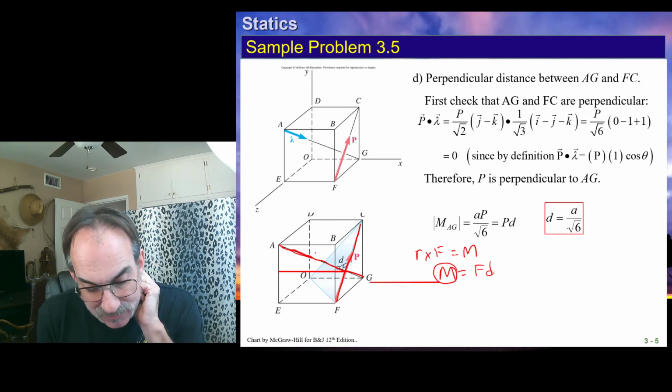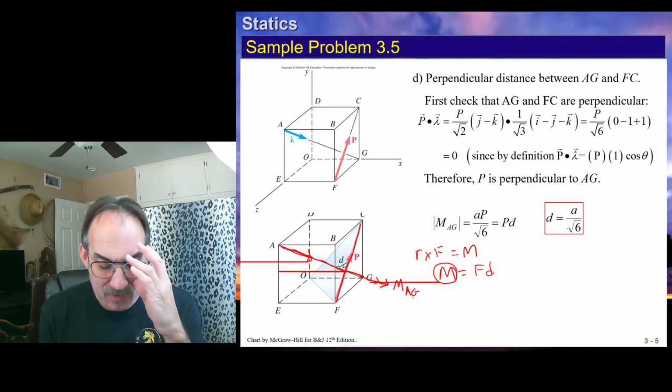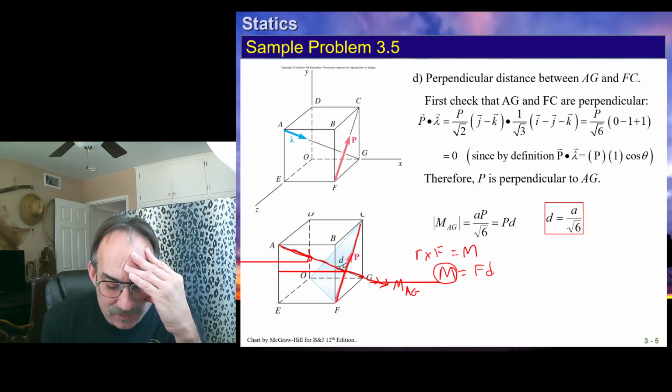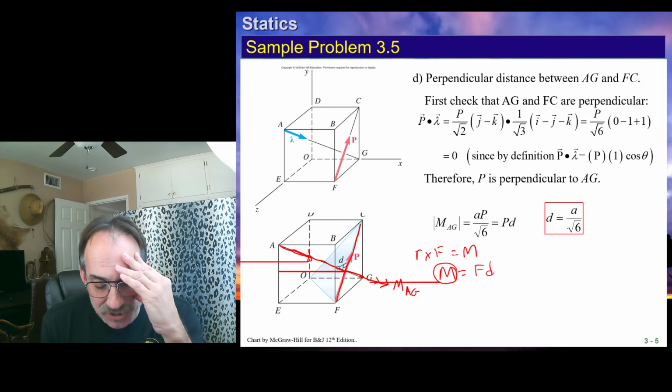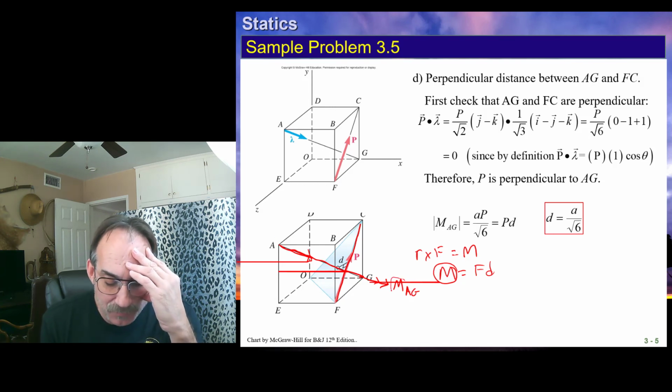we get the perpendicular distance. So if we have the moment about this line of action, remember we calculated the last one, MAG. MAG is the moment of P about this line AG, so that is the projection of the moment along that line of action.